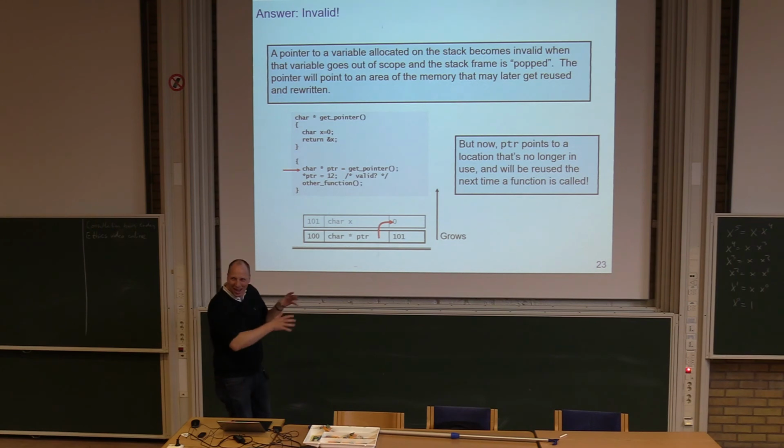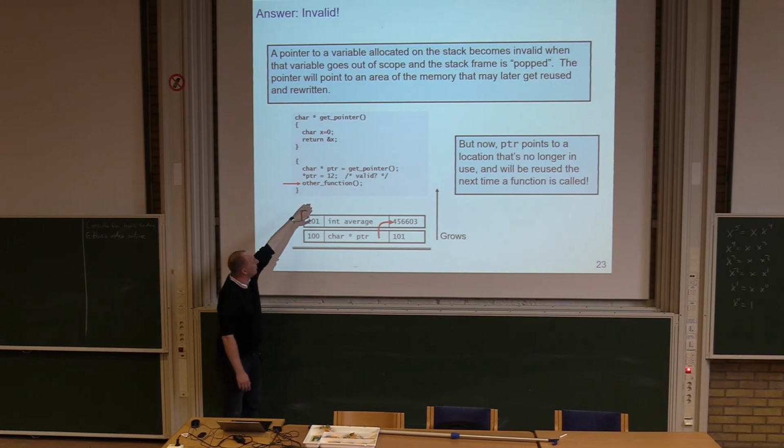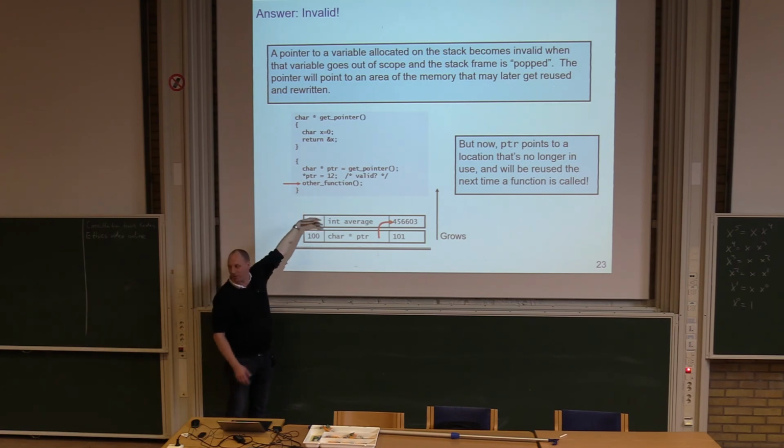So it's important to understand the concept of the stack and the scope of variables, and when it's okay to dereference pointers or not. For example, if some other function is called afterwards here, then that value will be put on top of the stack if that function has local variables, and it will be overwritten.